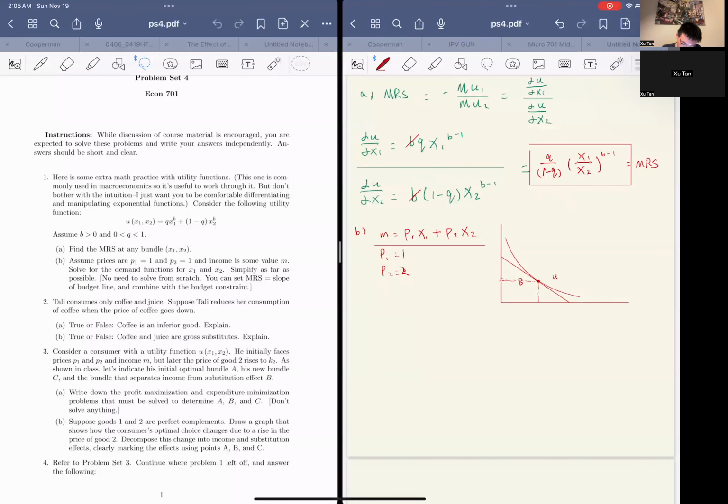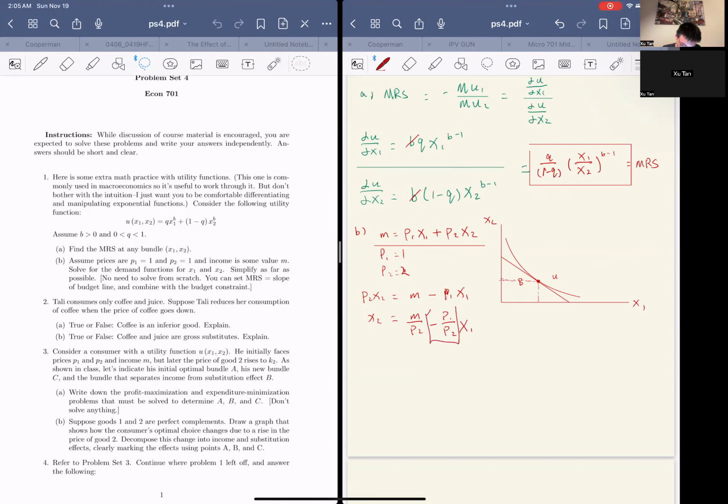For the slope of the budget, we need to isolate x2. P2 x2 equals m minus P1 x1, so x2 equals m divided by P2 minus P1 over P2 times x1.